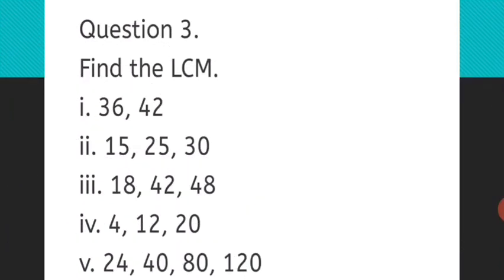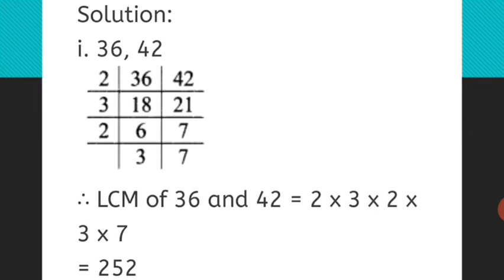Question number 3. Find the LCM. First sum, 36, 42. You have 5 sums altogether. Let's see the first one. We find the factors of 36 and 42 and we get 2, 3, 2 as the common factors.